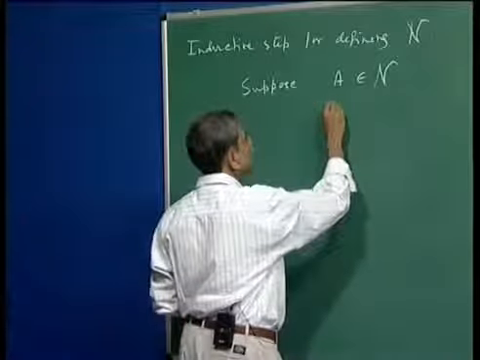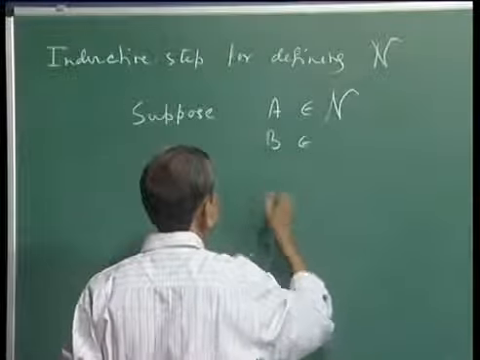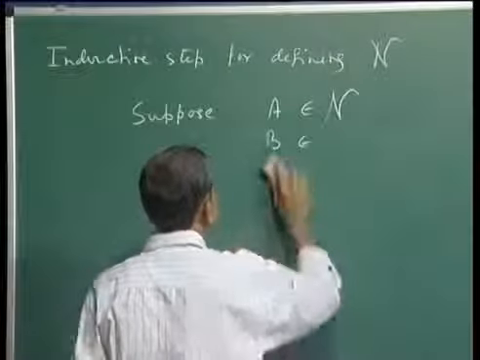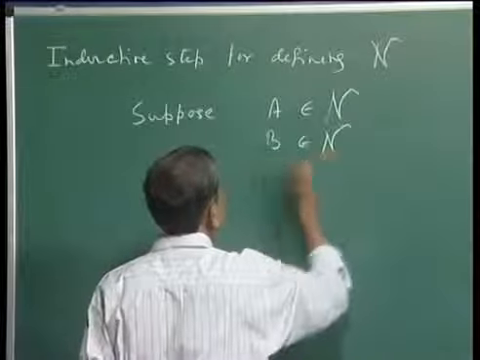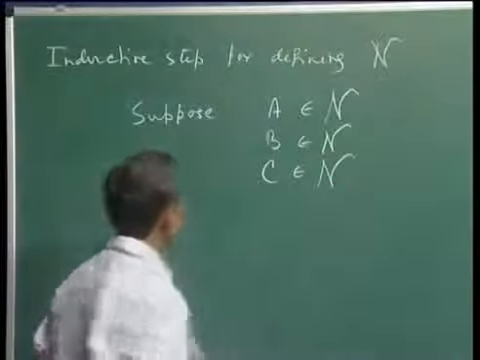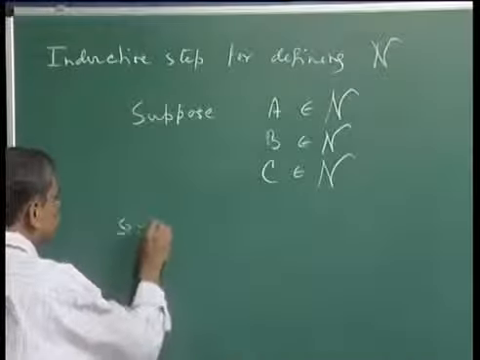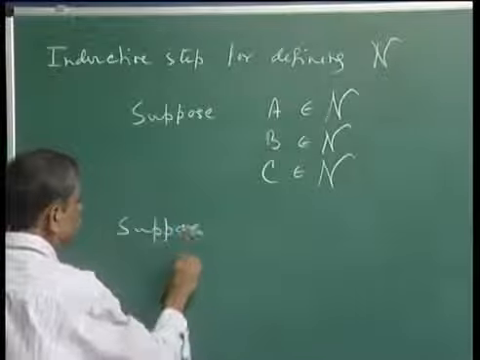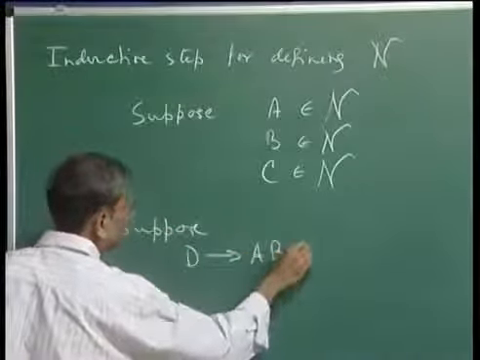So, let us say A, B, etc. For the sake of example, let us say C is also there in N, and suppose D goes to A B C is a production of this kind.